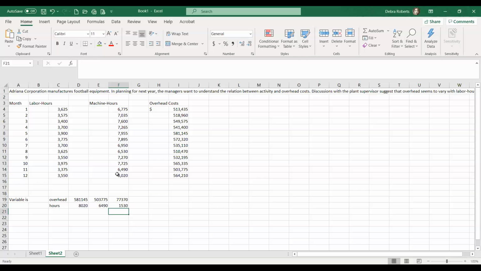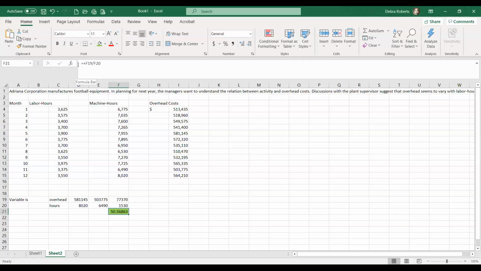Now we've got a variable. So now we've got 773.70 divided by the 1530. I'm going to use Excel to divide these two together, and this is what I get. I'm going to put this in green so I can use it.